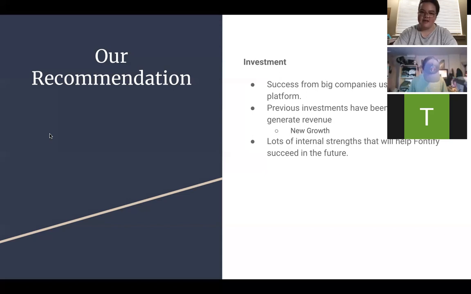And then the last thing is the fact that there are a lot of internal strengths that will help Frontify succeed in the future, such as the fact that it supports multiple languages, so that's great as far as worldwide use. And again, just having those bigger clients is a really good sign.